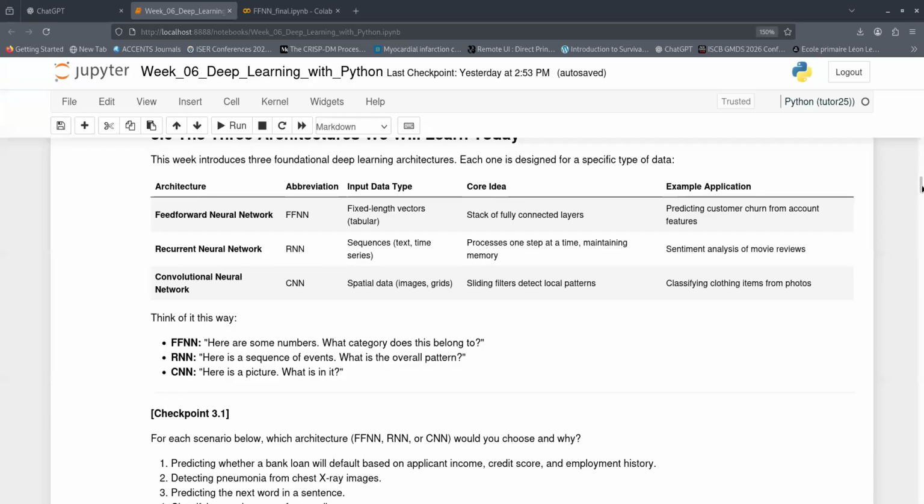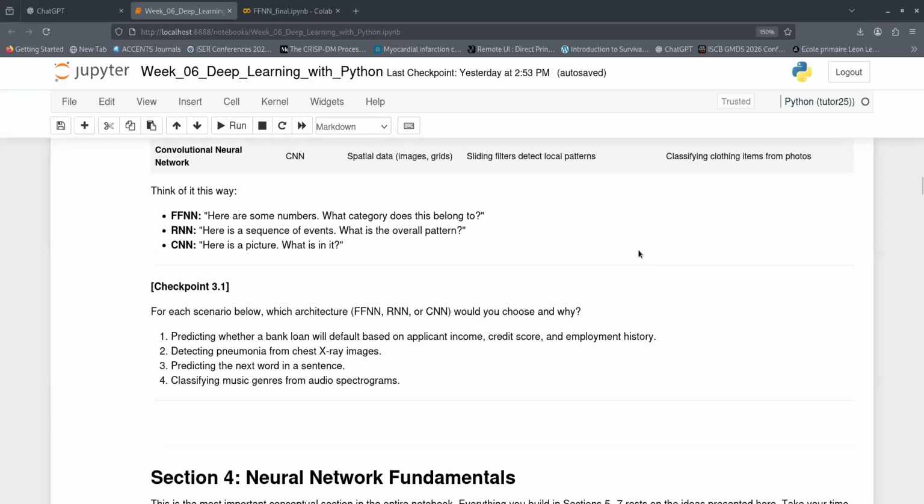Now we have checkpoint 3.1. For each scenario below, which architecture would you choose and why? FFNN, RNN, or CNN?